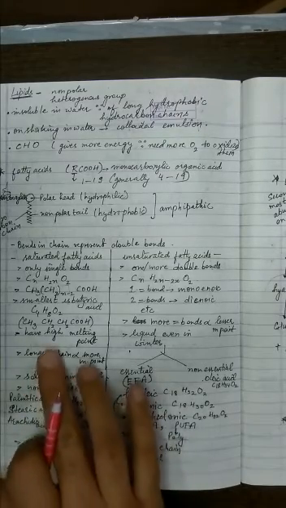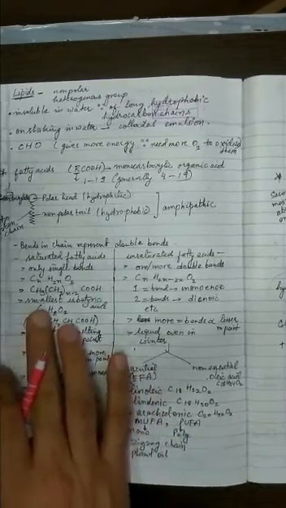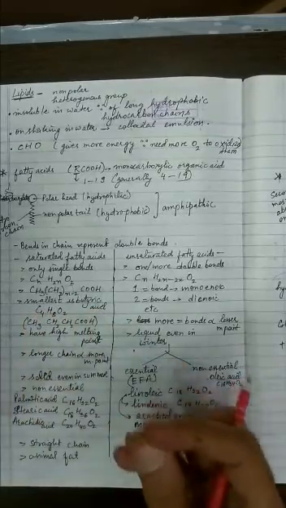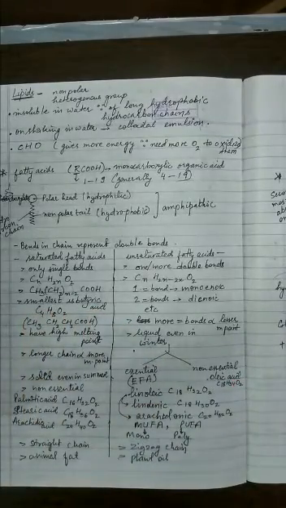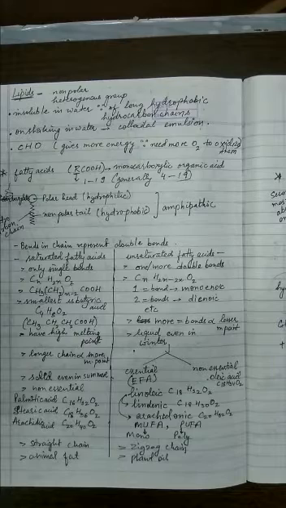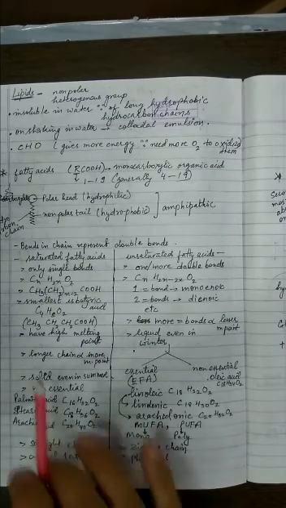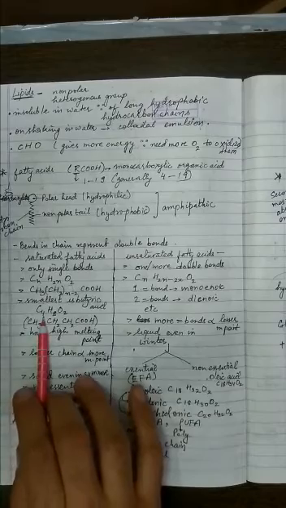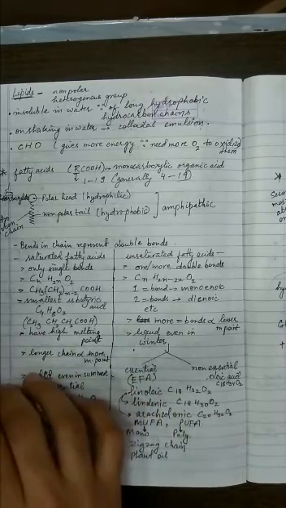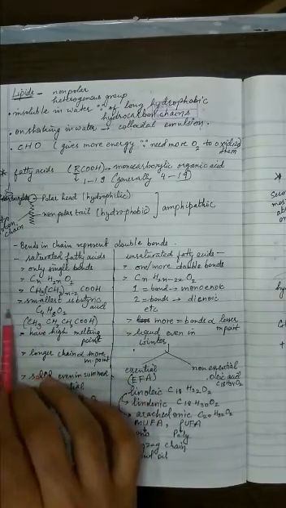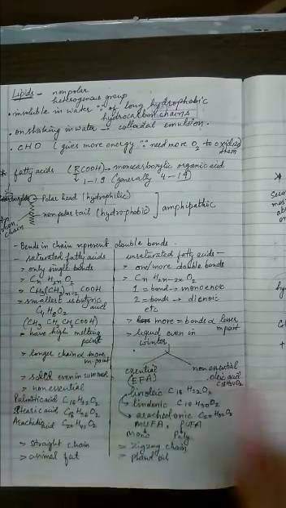Now the next thing is, just remember, the smallest one is butyric acid, which is found in butter. 4 carbons are there. So it will start with CH3, then CH2, then CH2, and finally COOH.